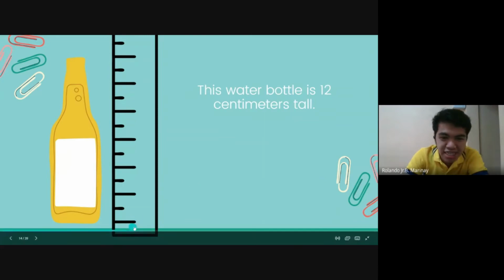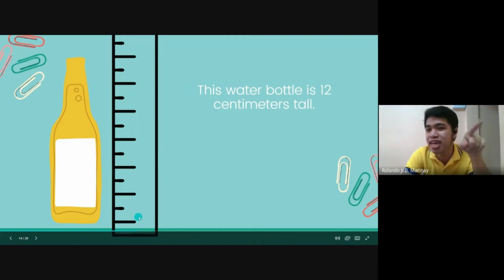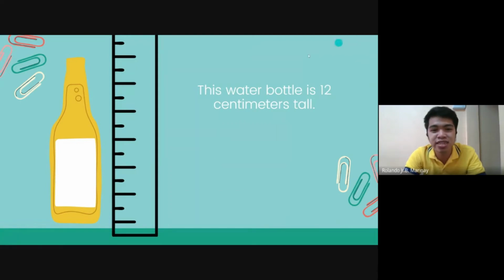Okay, this is the zero. Remember the very first line in the ruler is zero. Sometimes they don't have the zero written in this part, but the first line in the ruler is the zero.